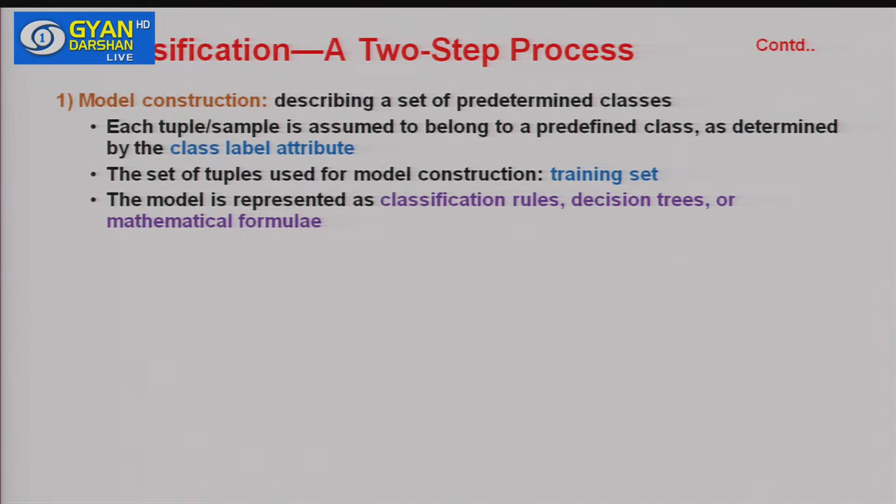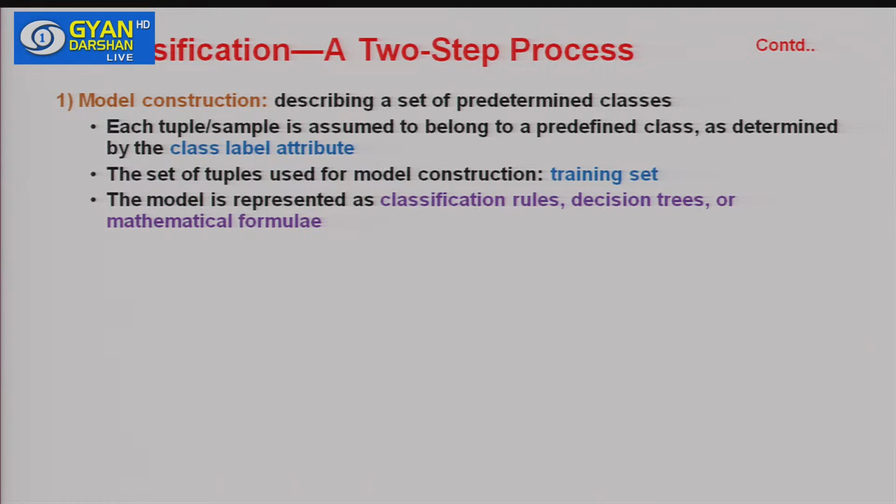What exactly happens is you have an input data set, and this input data set is divided into two parts: a training data set and a testing data set. The division rules depend on different parameters.